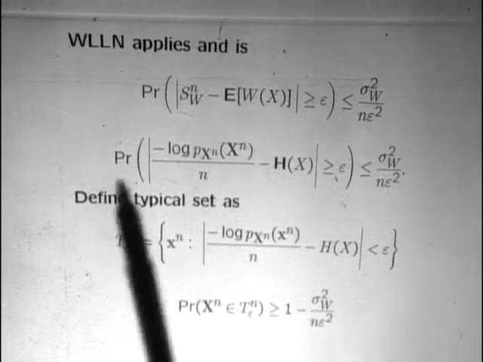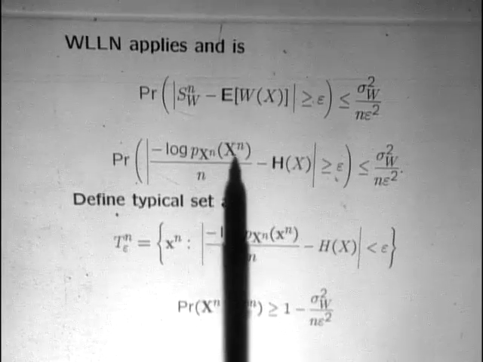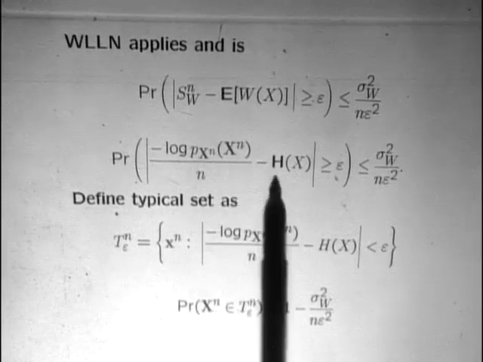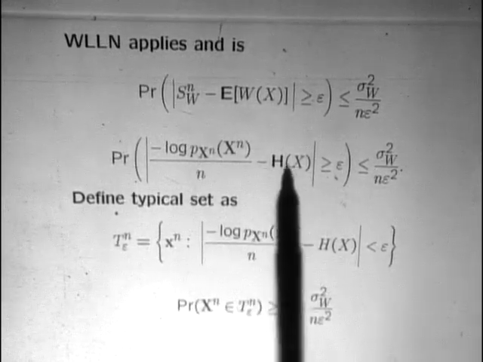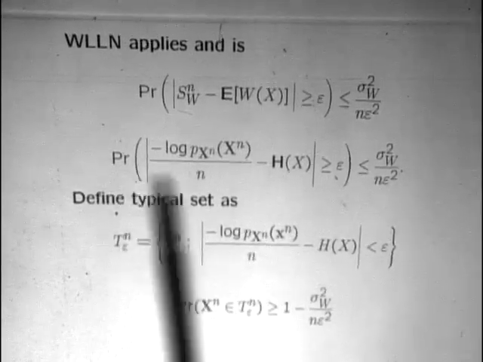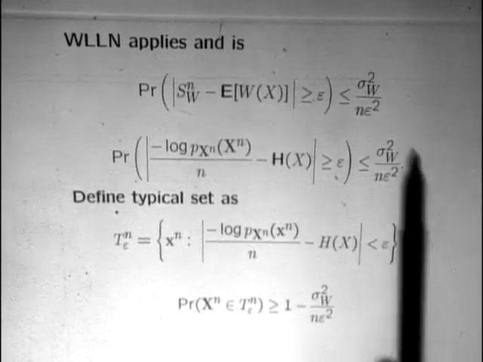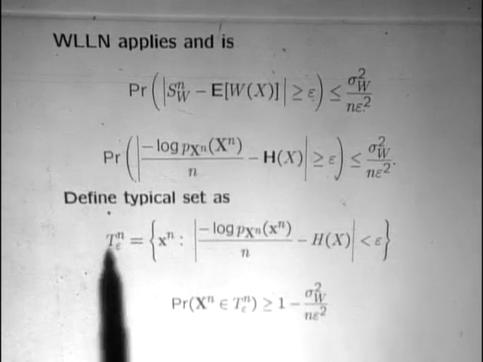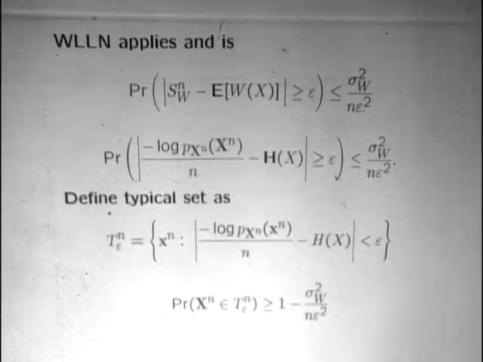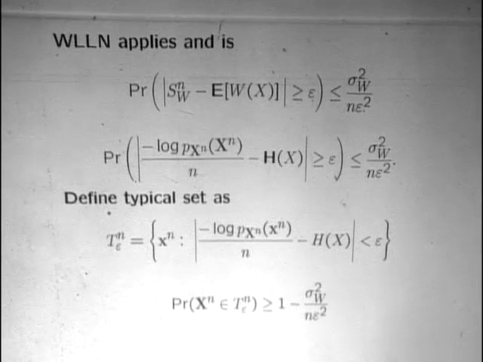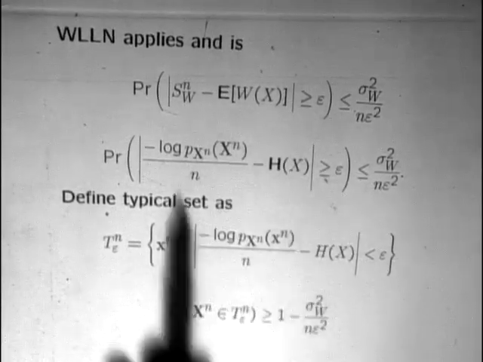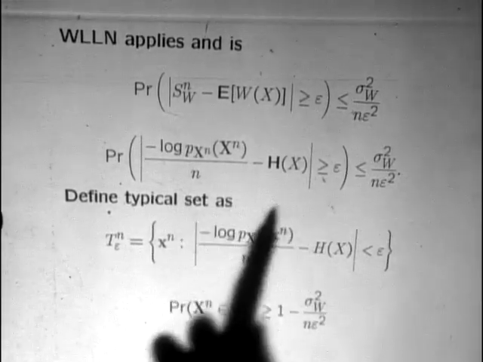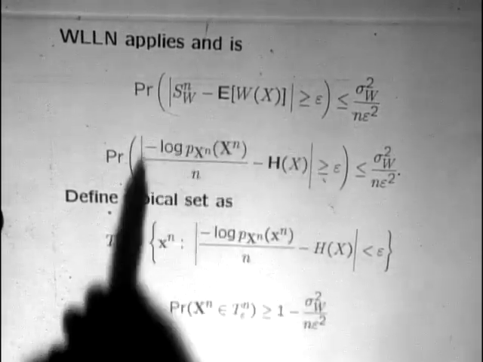So what this says is that the probability that the sample value of the log PMF of the entire sequence, namely the log PMF divided by n, is close to H of X is bounded by this. We then define the typical set, T sub epsilon of n. This is the set of all typical sequences out of the source. So we're defining typical sequences in this way. We're looking at the complement of this set.